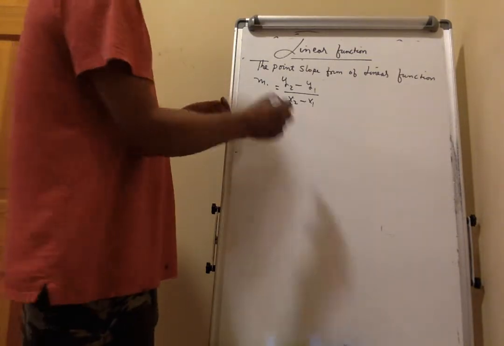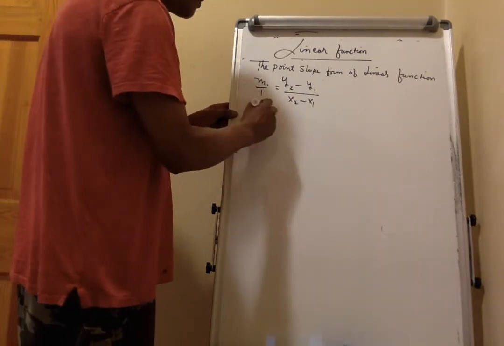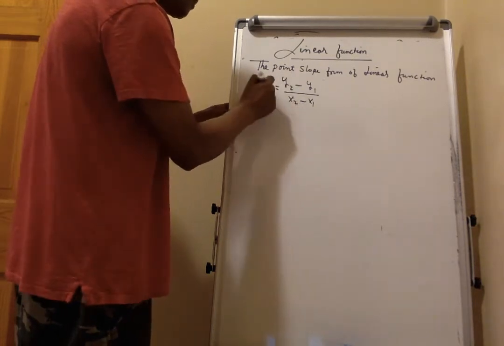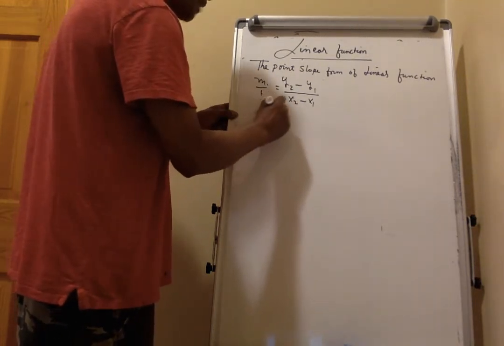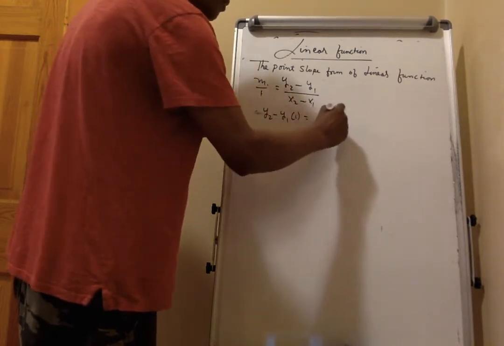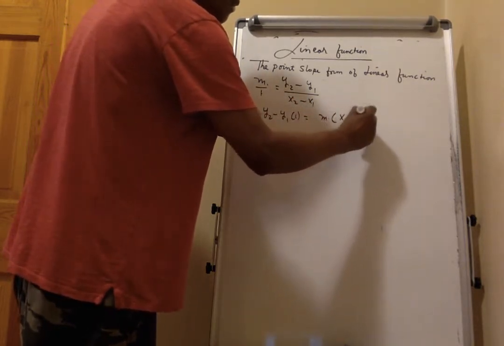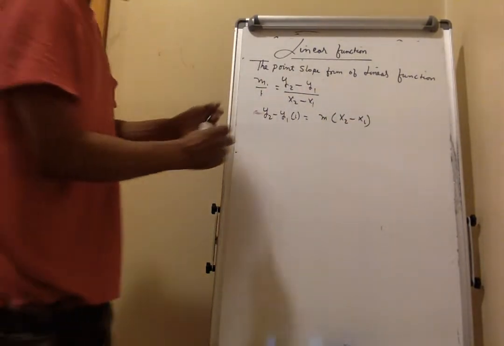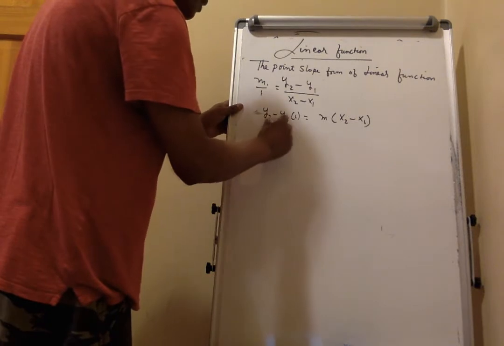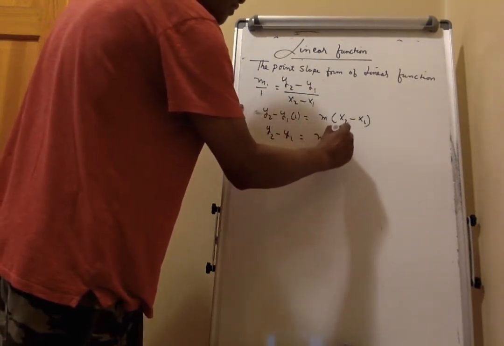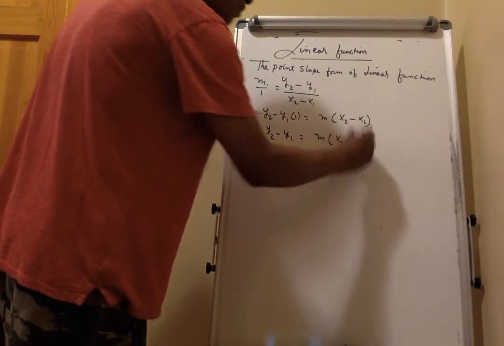So if I do cross multiplication, I'm going to multiply this by this: y2 minus y1 times 1 is equal to m times x2 minus x1. And this would be y2 minus y1 is equal to m times x2 minus x1.